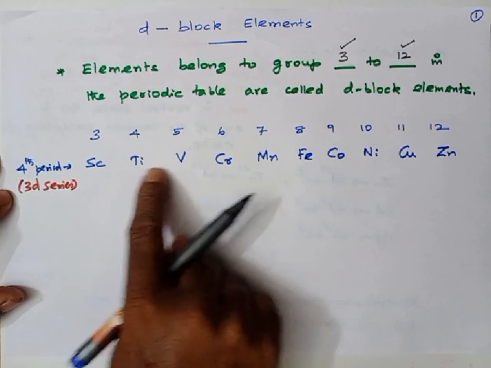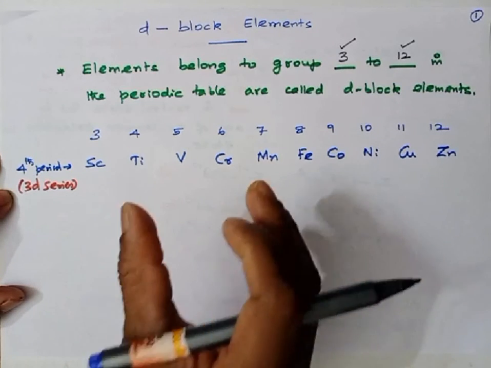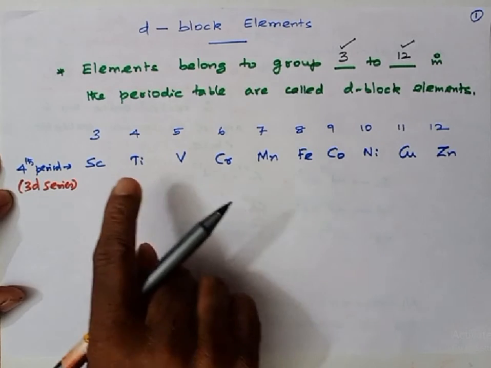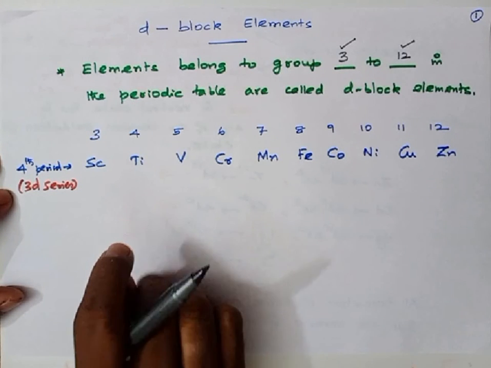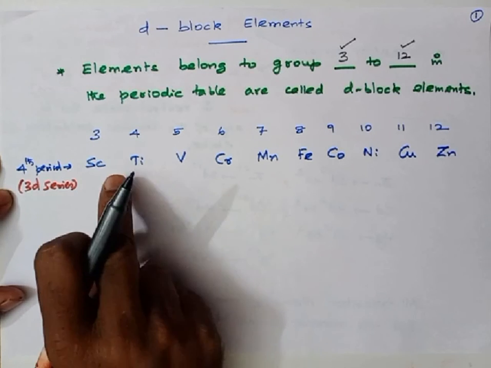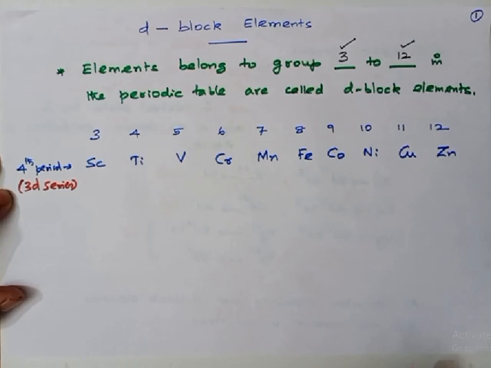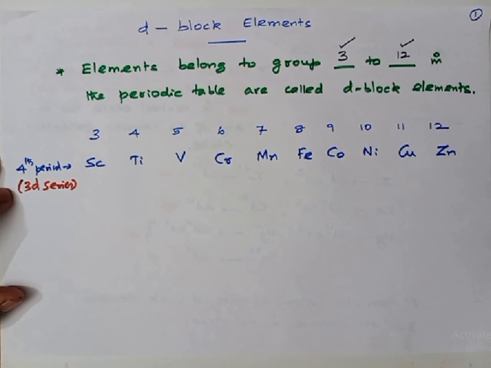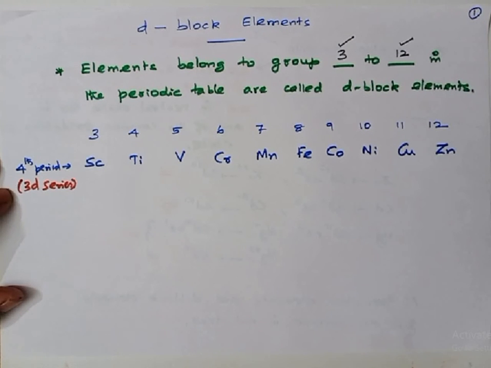We call this series of elements the 3D series. Students, for your level, it is very important to remember the 3D series elements. 3D series elements are also called first transition series elements.